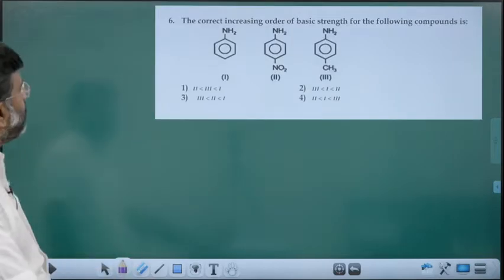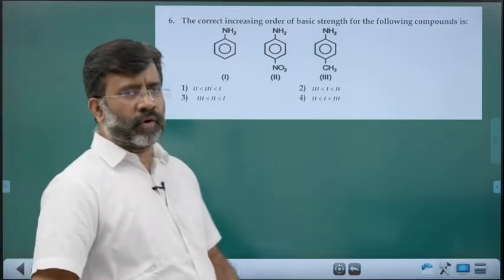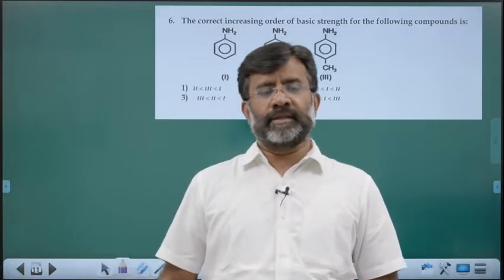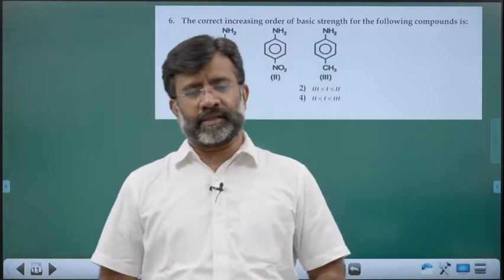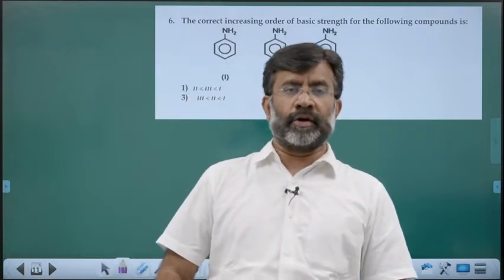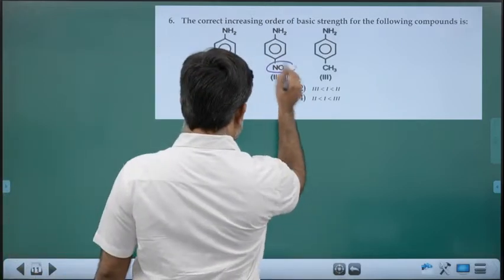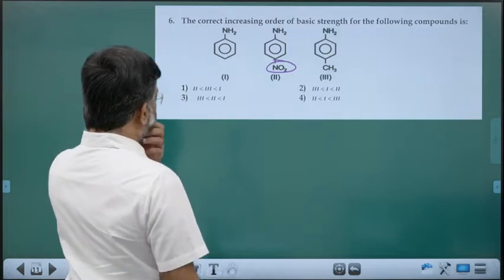Next one, increasing order of basic strength. See, basic strength for amines, particularly substituted aniline: the presence of an electron donating group increases the basic strength, and the presence of an electron withdrawing group decreases it. This is an electron withdrawing group, so 2 will be minimum.